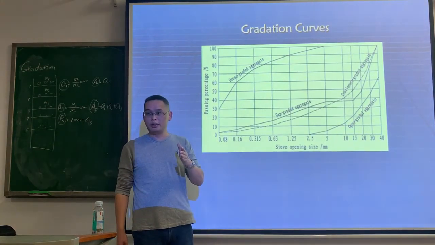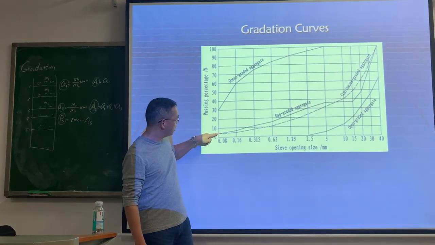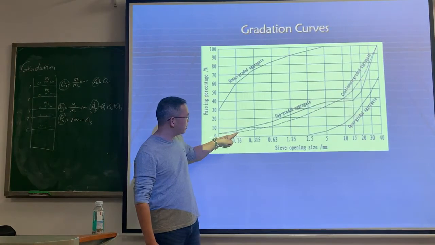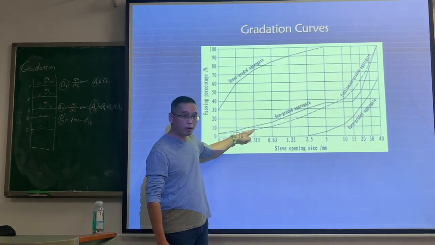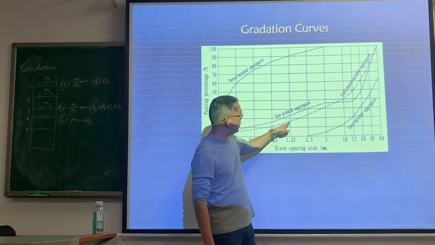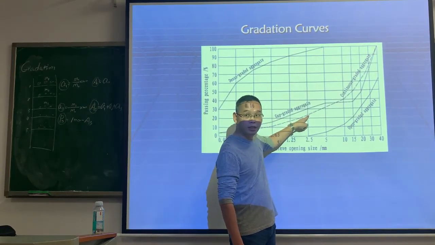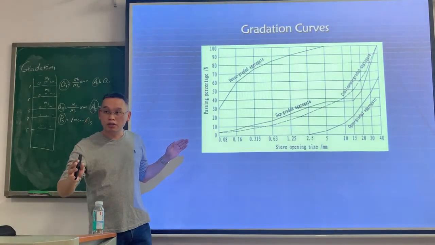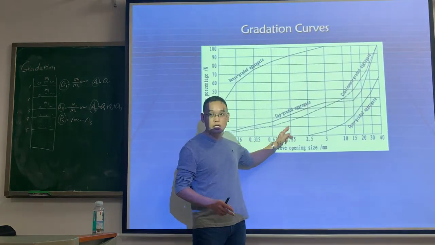Continuously. Maybe this one is 4%, 5%, maybe 7%, and 11%, and maybe 16%, maybe 24%. They increase continuously.